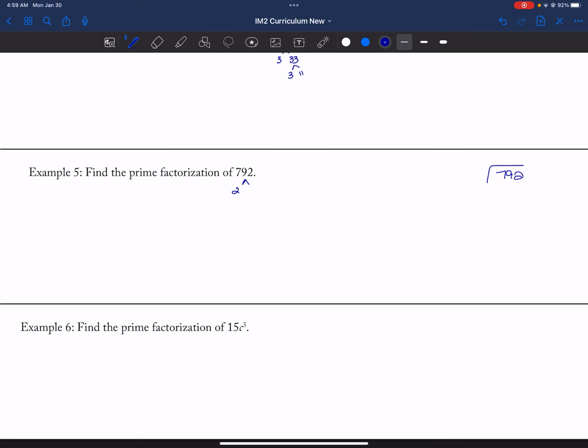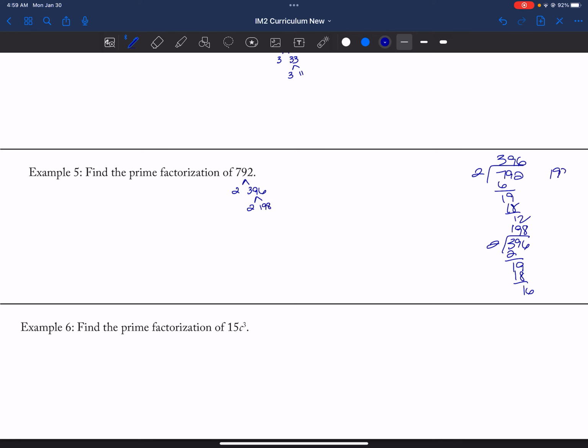So again, 792: 2 times 396. And then 396 divided by 2 is 198.